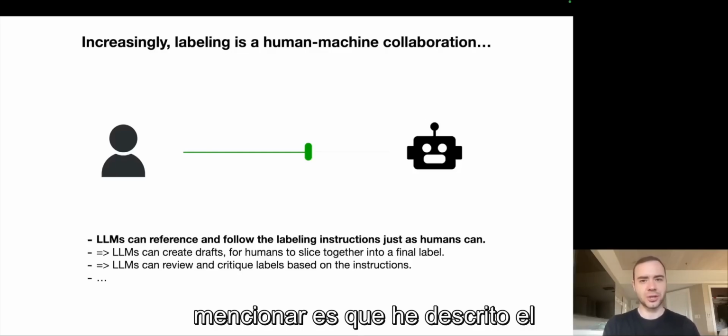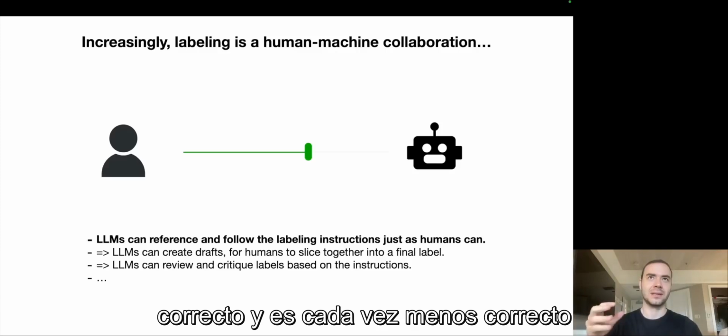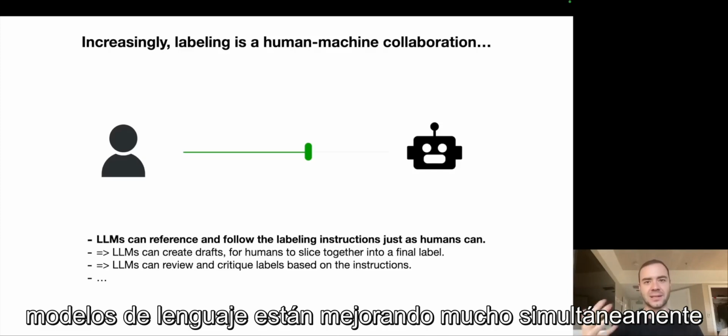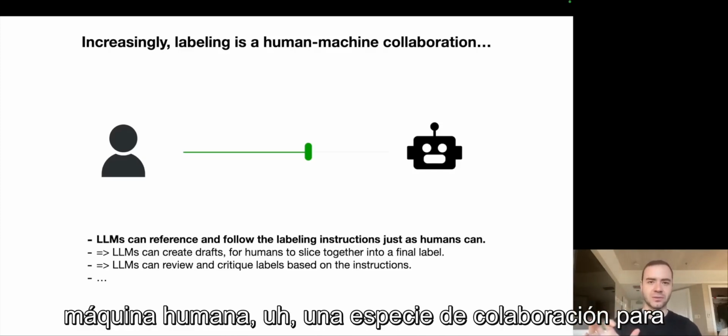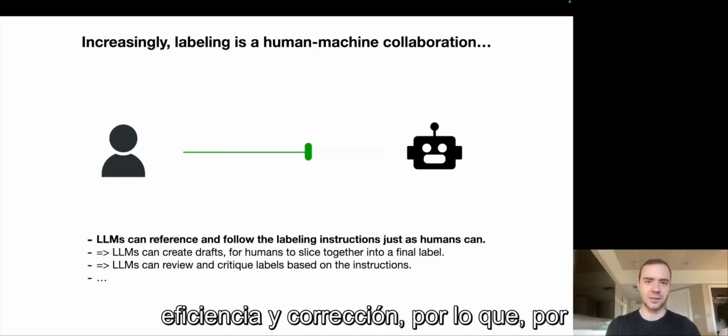One more thing that I wanted to mention is that I've described the process naively as humans doing all of this manual work, but that's not exactly right, and it's increasingly less correct. That's because these language models are simultaneously getting a lot better, and you can use human-machine collaboration to create these labels with increasing efficiency and correctness.